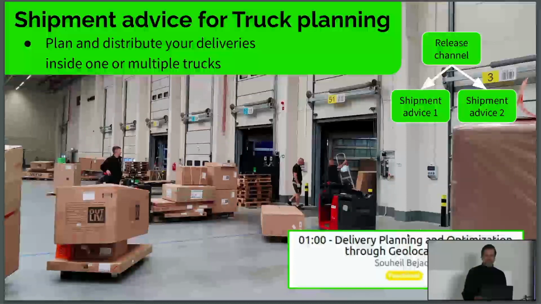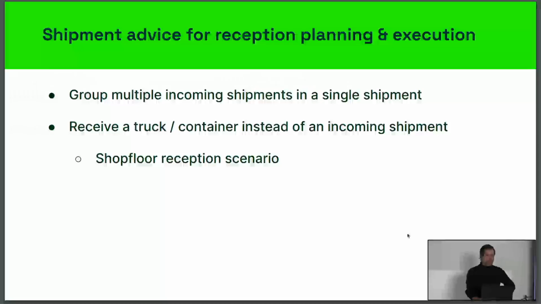But basically, what we try to achieve is to link one or multiple shipment advices to this release channel and have all the deliveries organized or planned in those shipment advices. The shipment advice can also serve for receiving goods. So you can also plan the incoming shipments.